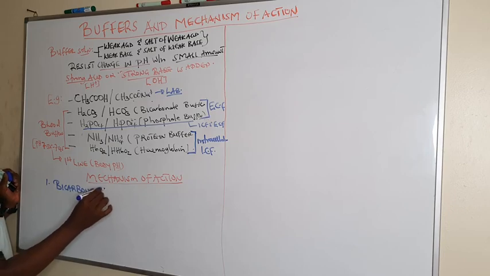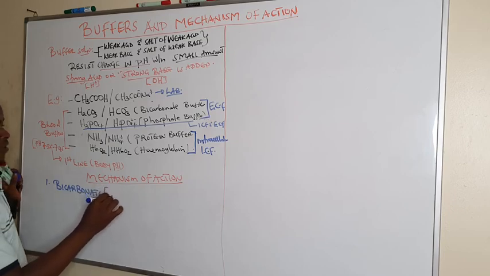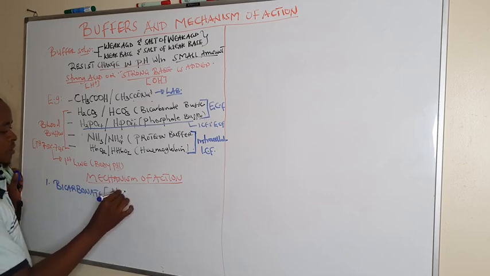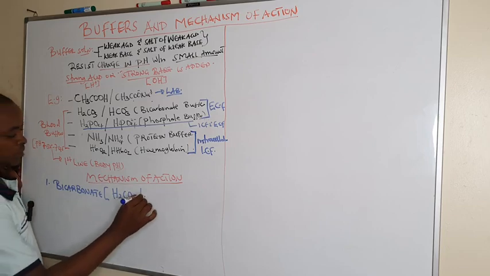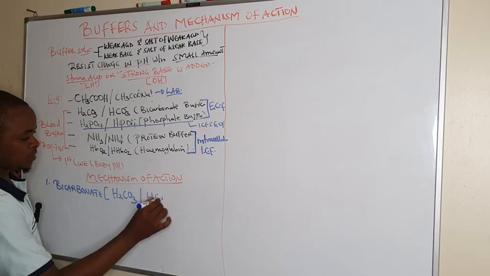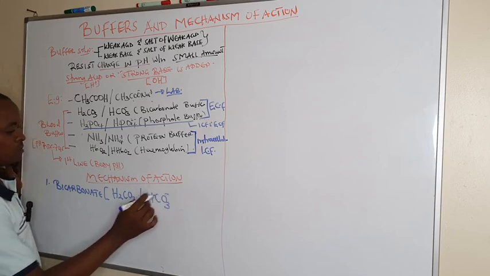We are beginning with the bicarbonate buffer, containing weak carbonic acid and then containing a weak base known as bicarbonate.